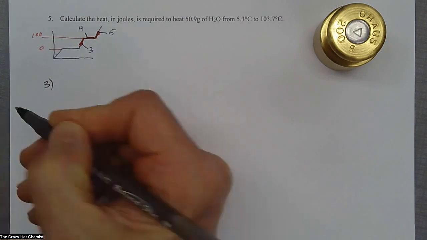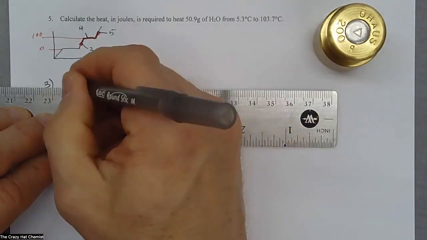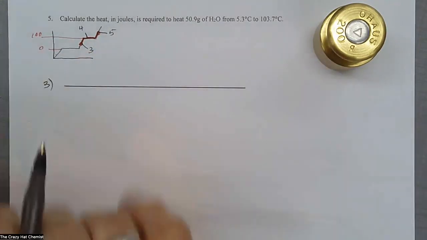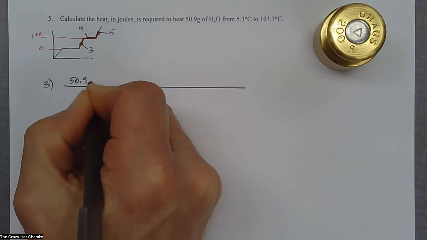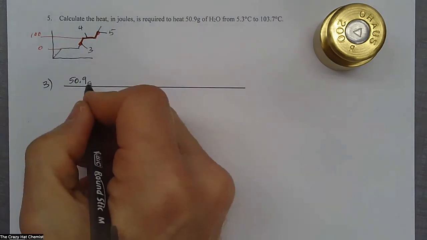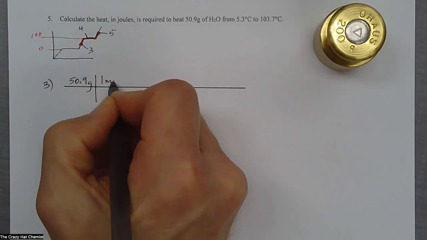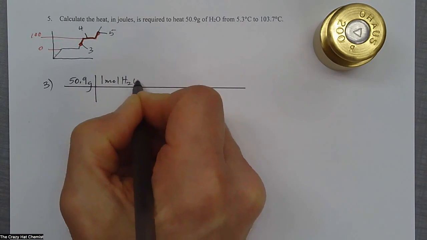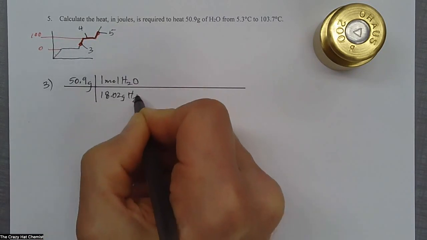So this is going to be step number 3. We have 50.9 grams. And for step number 3, that is the molar heat capacity for water. That is in joules per mole degrees Celsius. So we are going to go from 1 mole of water and the 18.02 grams of water.